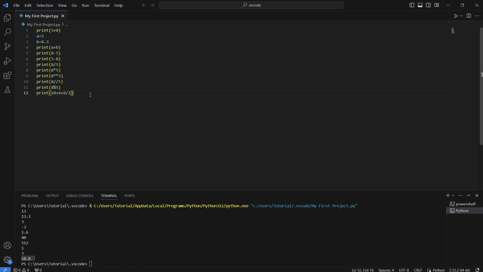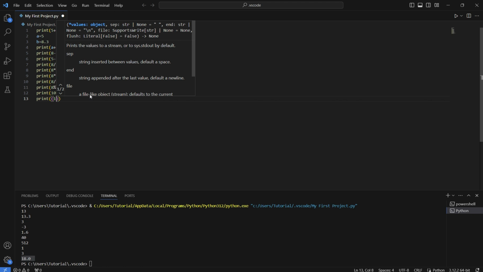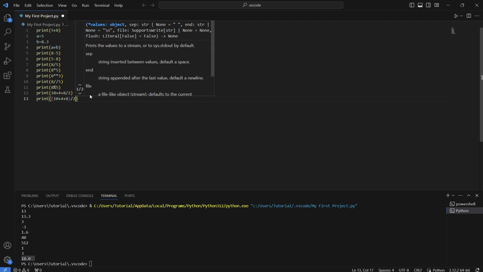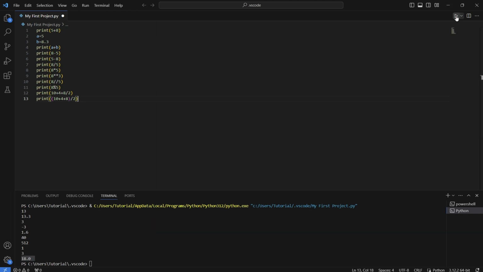However, if we put parentheses around the addition and write print double parentheses 10 plus 4 plus 8, then outside of the inner parentheses over 2 and run the code, the answer will be 11 because the addition within the parentheses will occur first, and then the division because operations within parentheses occur before division in PEMDAS.